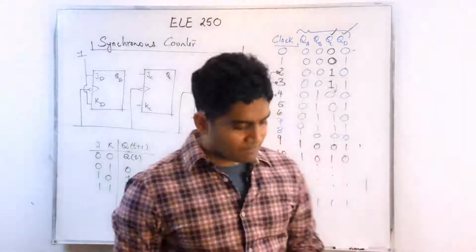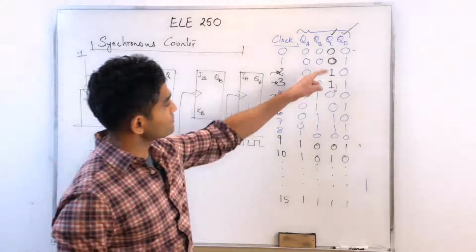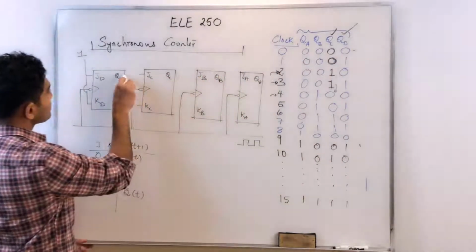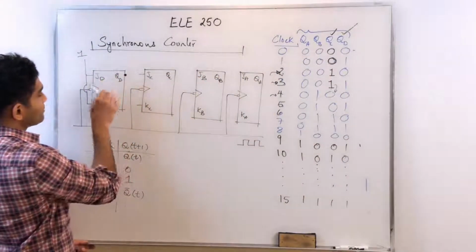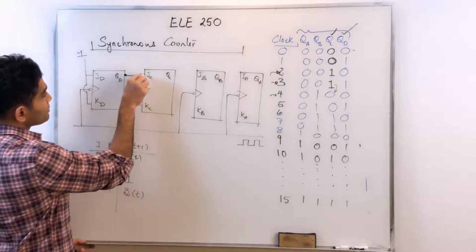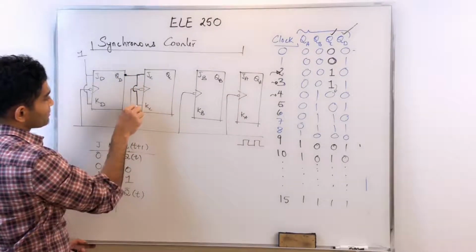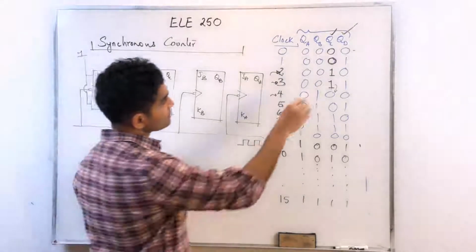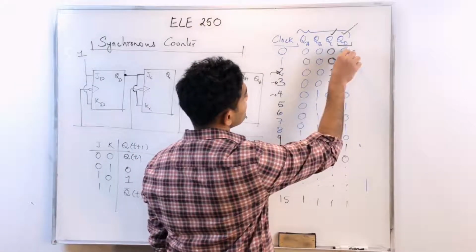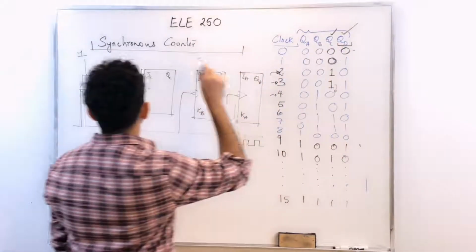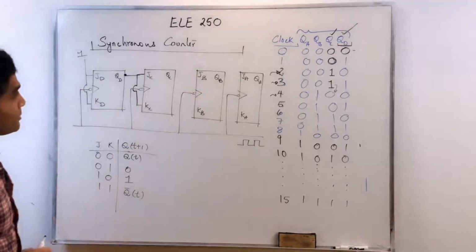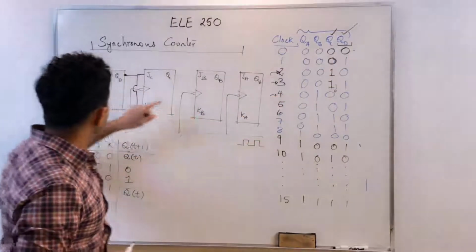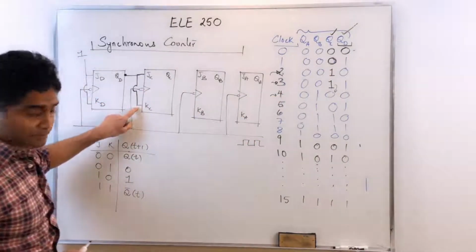Now, how would I obtain this? As you can see here, what if I apply QD, the output of this flip-flop, as the input to JC and KC? What's going to happen then? When QD is 0, I'm applying 0 and 0 to JC and KC.